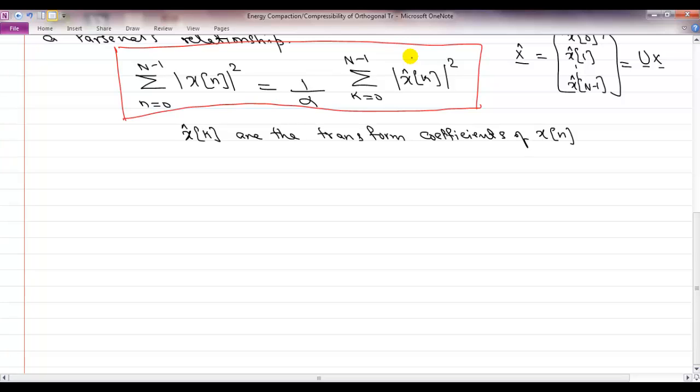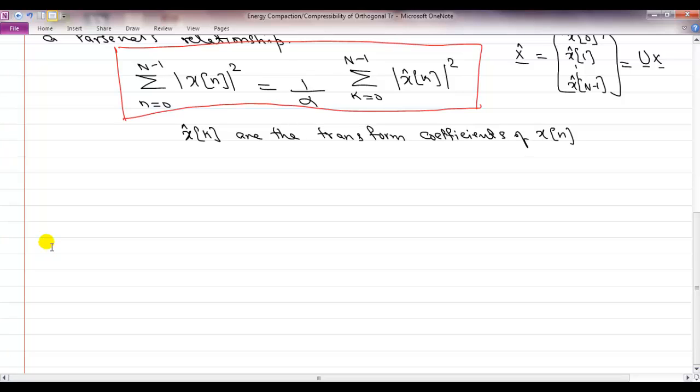Remember, the way we have defined the DFT, alpha equals n in our setting, because our DFT is not orthonormal, it's orthogonal. So the energy in all of my DFT coefficients is equal to the energy in my signal. But what energy compaction says is that good transforms actually have most of the energy concentrated in a few coefficients.